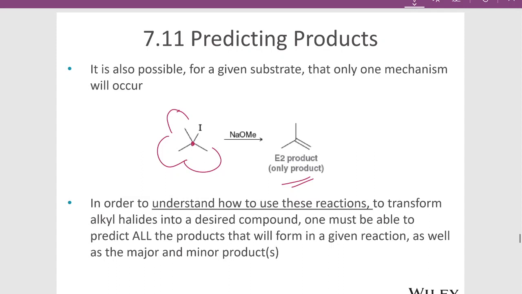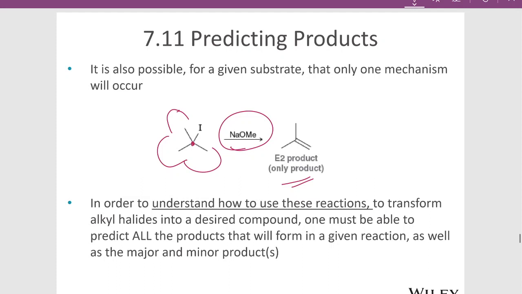And we're going to see as we move along that SN1 and E1 reactions are very slow. So this reaction is probably occurring in a polar aprotic solvent, and therefore we're not going to get SN1 and E1 as competing mechanisms.